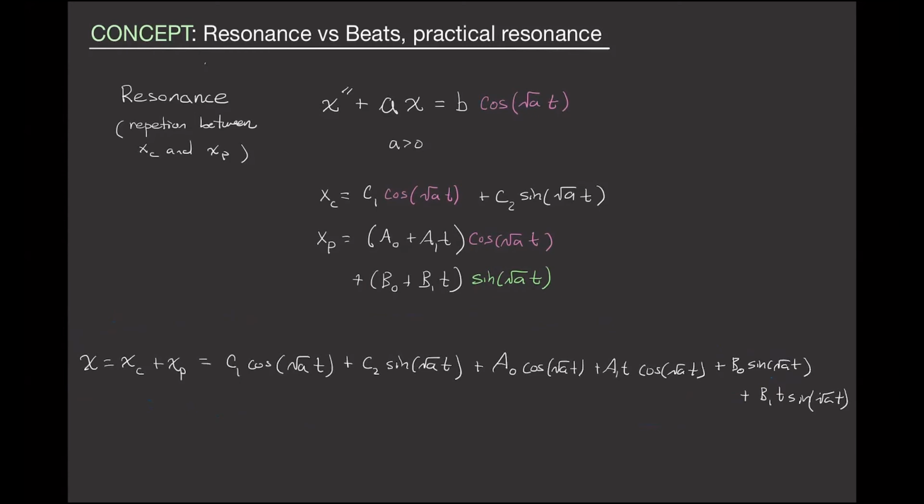Take and add like terms. If you do that, we'll get, I'll call them, d cosine of root at, then plus e sine of root at. And when I say d, I'm combining c1 cosine and a naught, just to be clear where that's coming from.